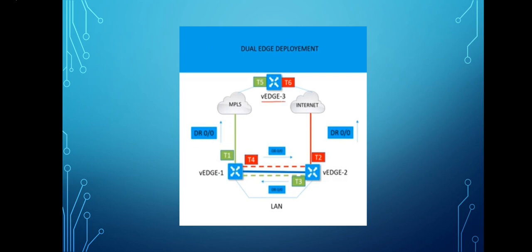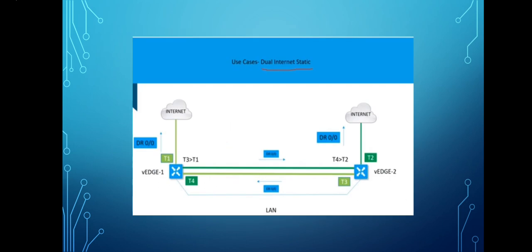If you've got one more vEdge, then you can extend your TLOCs to T5 and T6 from two different service providers. In this scenario, we've got two different connectivities from the internet for the different vEdge devices. The TLOCs are different. You can extend the same.